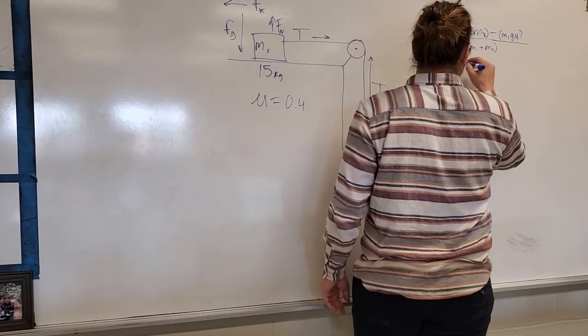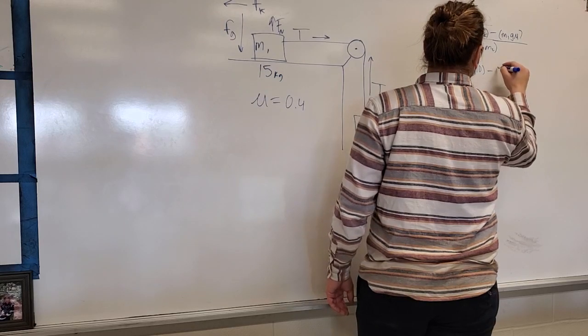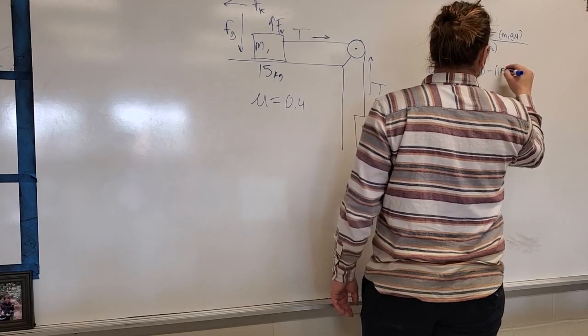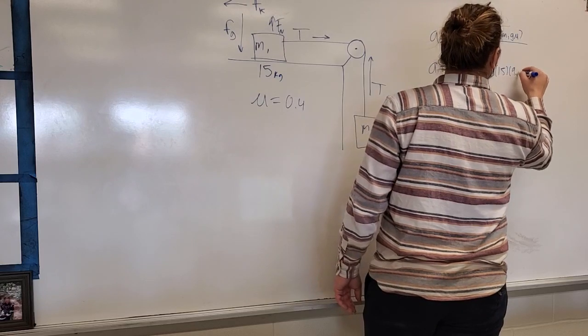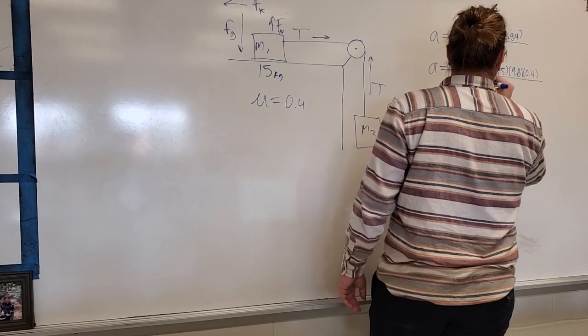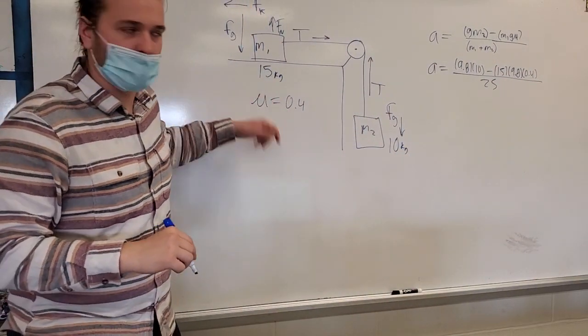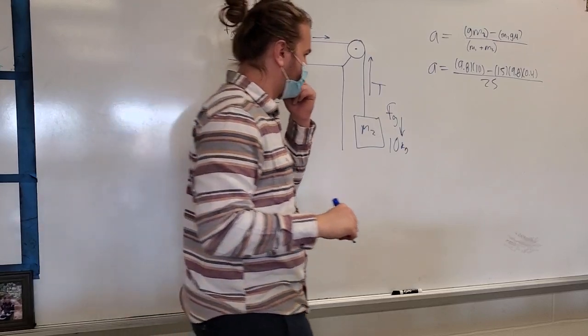A equal to 9.8 times 10 minus 15 times 9.8 times 0.4, all over 25. Remember, 10 plus 15, 25. All right.